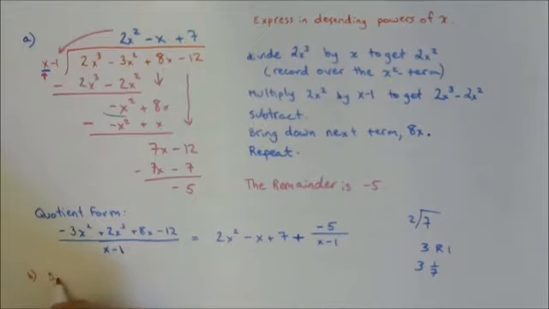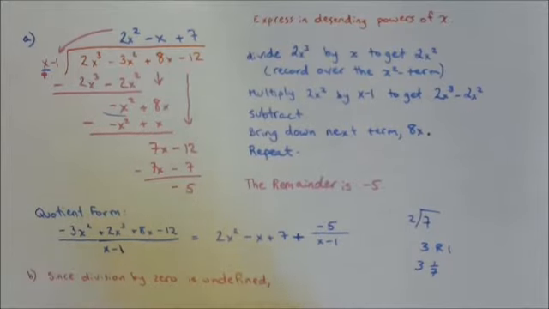So in B, we're going to say since division by 0 is undefined, x minus 1 can't be 0. Add 1 to both sides. X can't be 1.